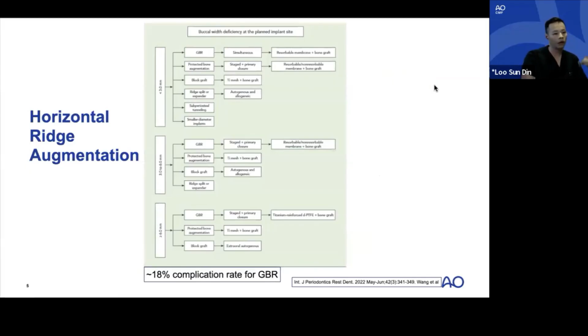Wang et al. also created a decision tree based on bone gain in 3 broad groups, with most of the same techniques, with the exception of ridge split and bone expander being for horizontal bone augmentation, and subperiosteal tunneling for anything less than 3 millimeters. And it's the same thing: guided bone regeneration has the lowest complication rate, roughly 18%. So let's dive into a few of these GBR techniques that promise a lot of excellent bone gain.